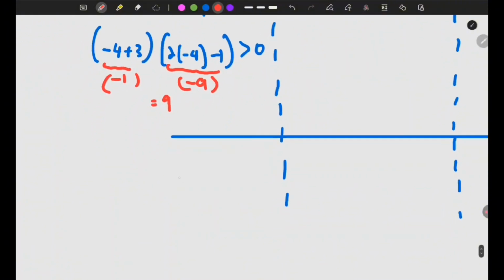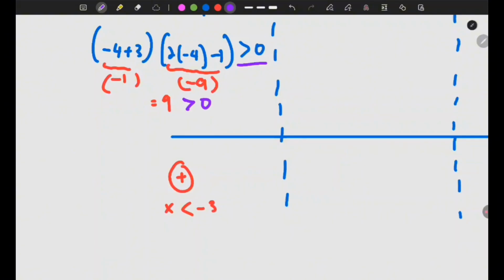And here will be x less than negative 3. And it's correct because it lies in the condition. As they say, 9 is more than 0. Correct or not? 9 is more than 0. It's true. So this range is correct.